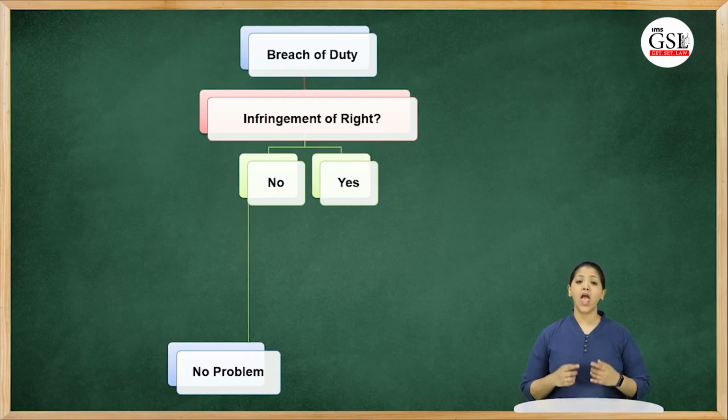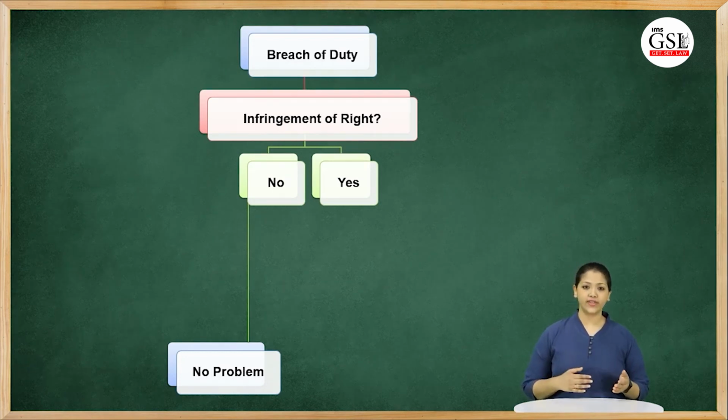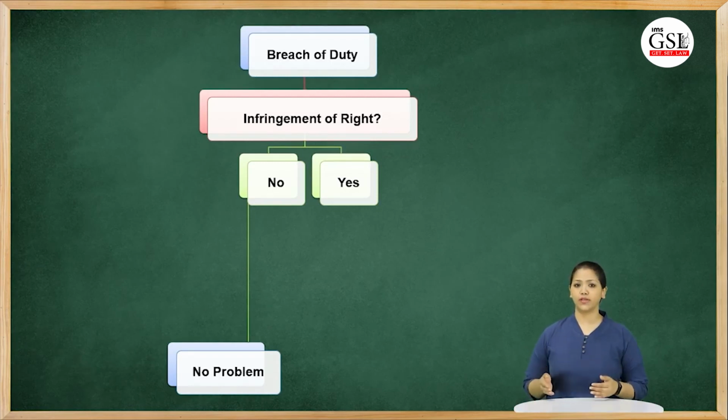For example, I burst a cracker in the middle of the day, in the middle of the road. Due to my bursting a cracker, a horse is startled, scared, due to which it starts stomping around. As it moves violently here and there, the horse accidentally kicks and hurts a small child. This means that there is definite infringement of the right of the child, and I have definitely breached my duty.